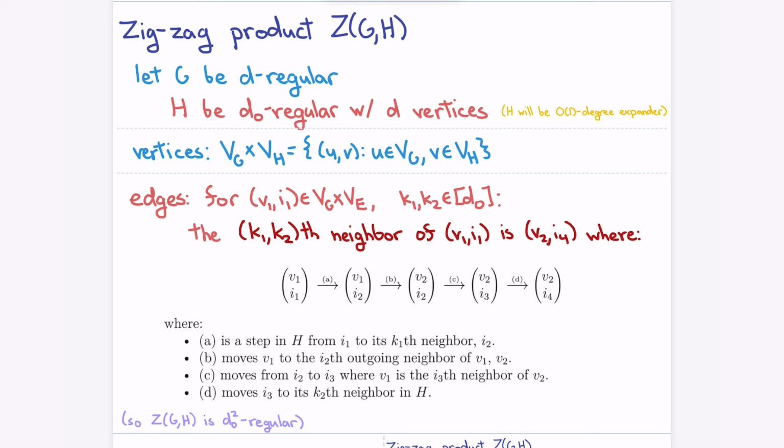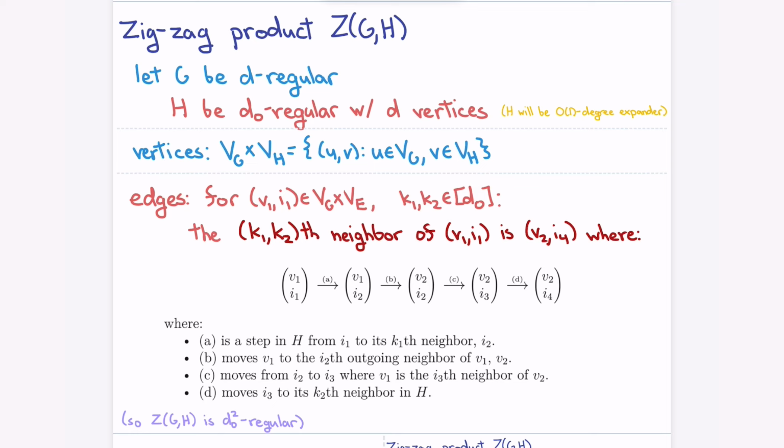Your first step in H and the final step in H. Because once you make the step in H, then your move in G is based on H. And then your teleporting in H depends on G. So those middle 2 steps are deterministic. That's, I guess, where the zigzag is coming in. Then you take one more choice where you take a step in H. Okay. So if H had degree 5, there's a total of 25 choices based on your first and second choice.